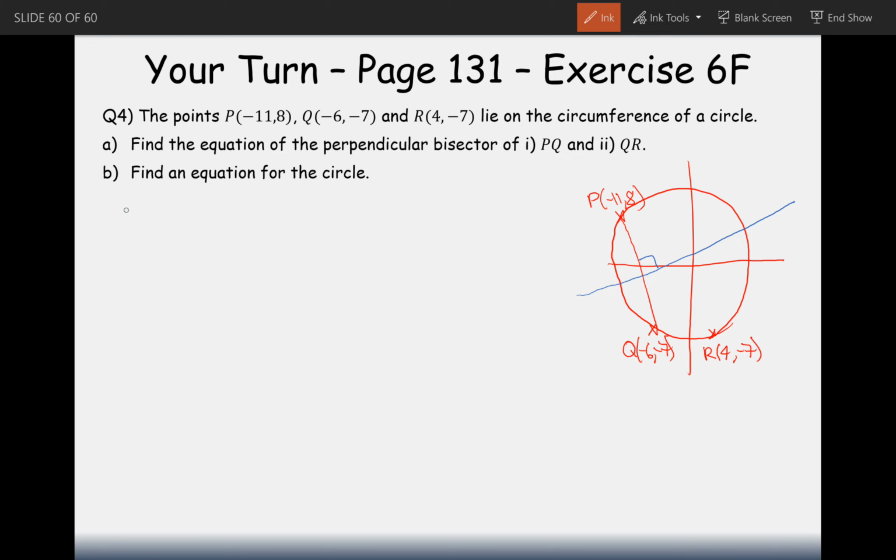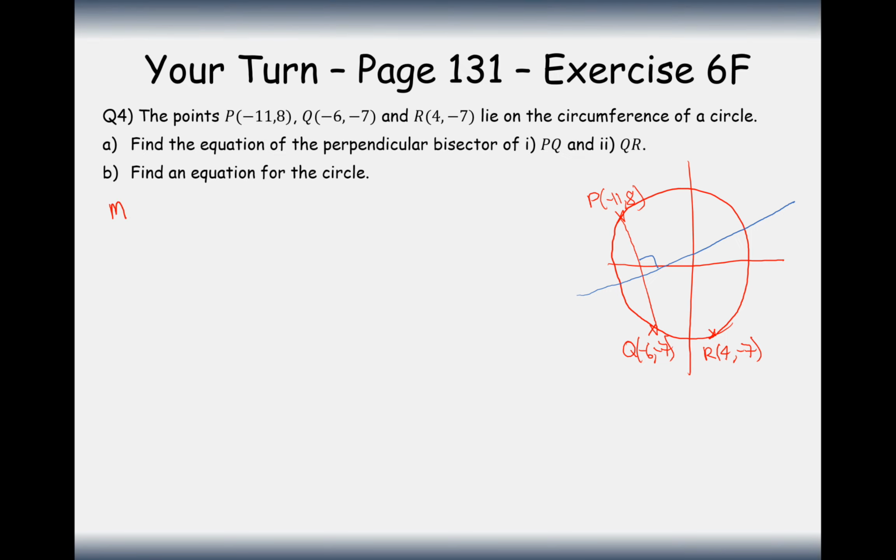So what we need to do first is to work out the midpoint of P to Q. So the way we do that is by the little formula that we've got. So it's -11 take away 6 over 2 for the x coordinates, and 8 take away 7 over 2 for the y coordinates. So this is going to give us -17 over 2 and 1 over 2.